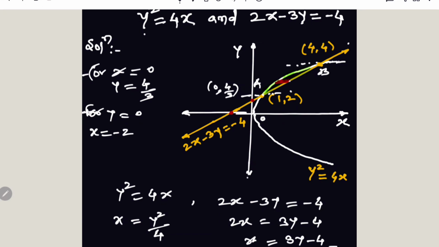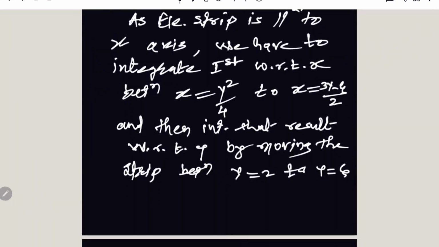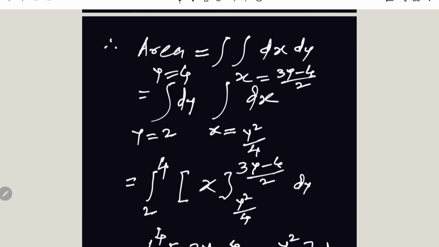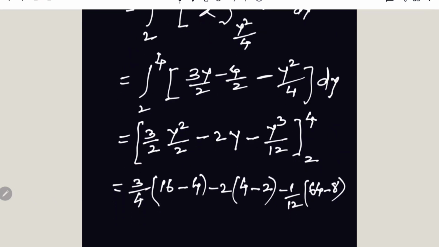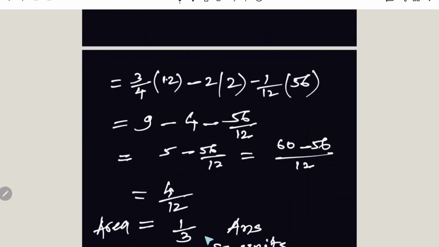Here I have drawn it parallel to the x-axis, and as it is parallel to the x-axis, first integration is with respect to x and then with respect to y. And then after getting those limits, perform that double integration. As usual, we are obtaining the value of double integration. Simplify it to get the value as 1 by 3 square units.